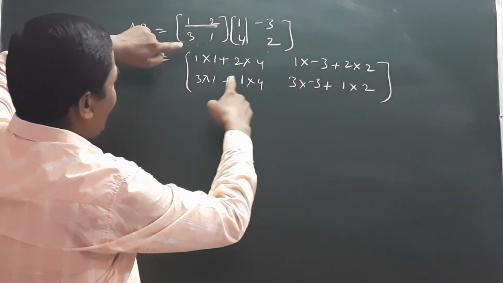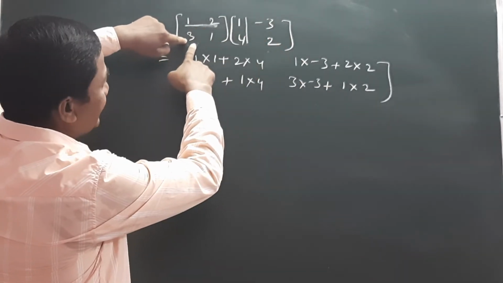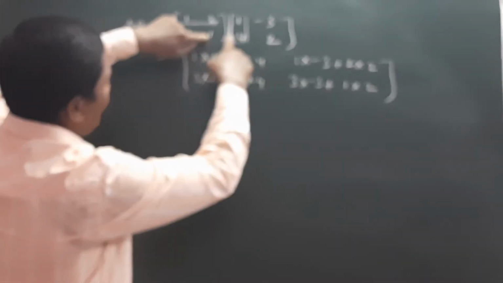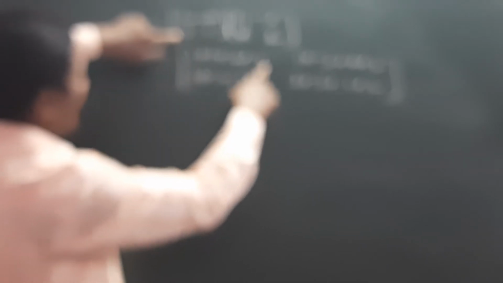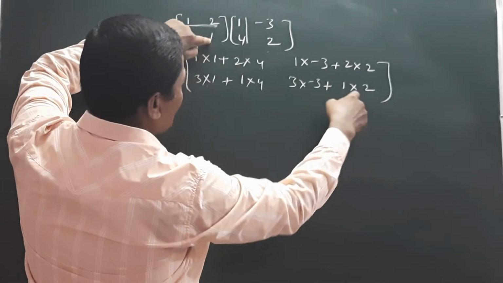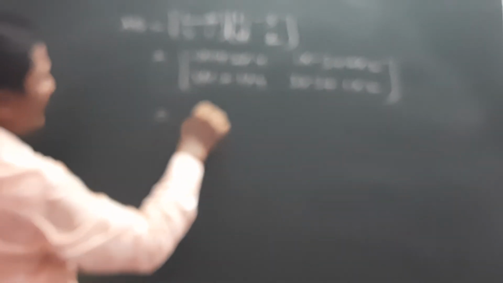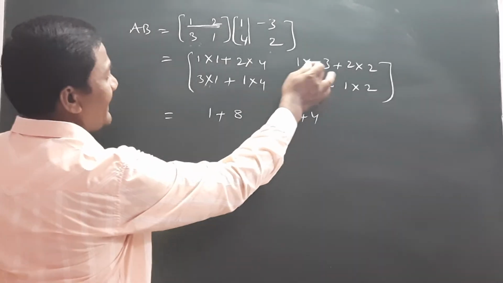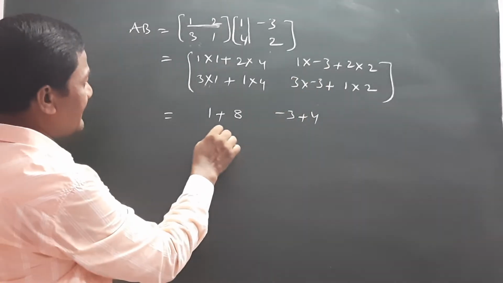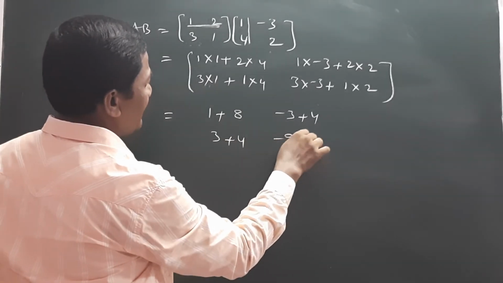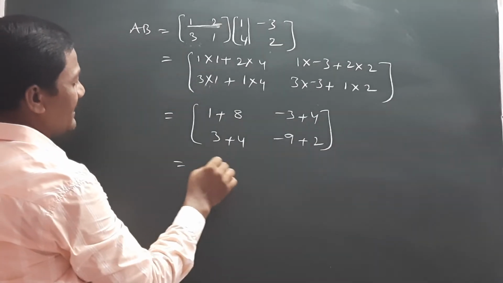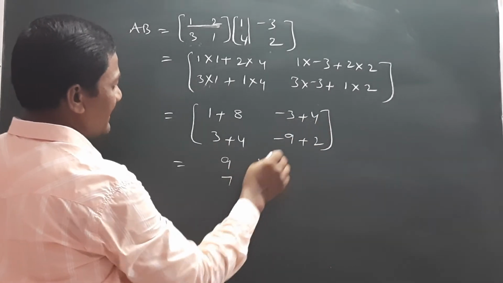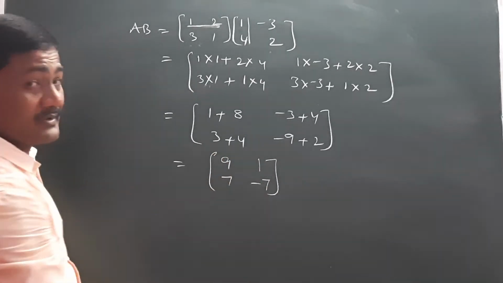Similarly 3 into 1 plus 1 into 4, and 3 into -3 plus 1 into 2. It is usual multiplication: 1 plus 8 is 9, -3 plus 4 is 1, 3 plus 4 is 7, -9 plus 2 is -7. This is the multiplication AB.